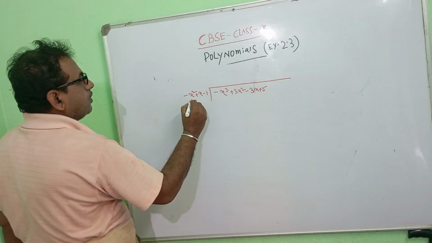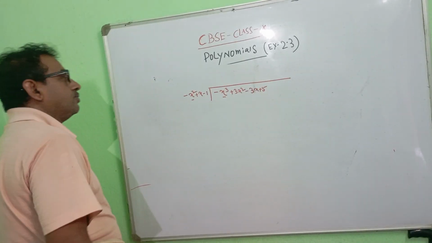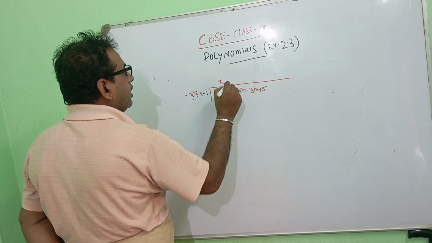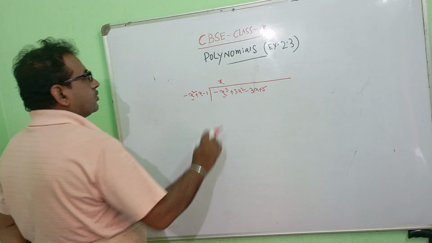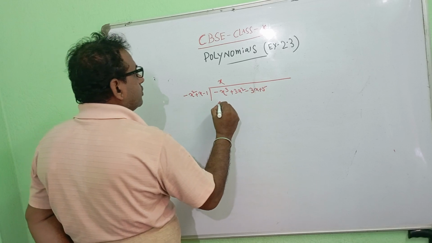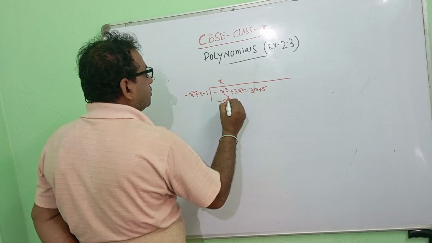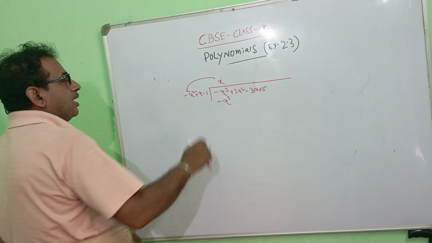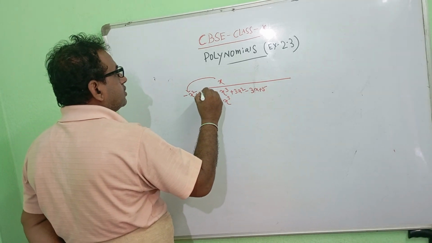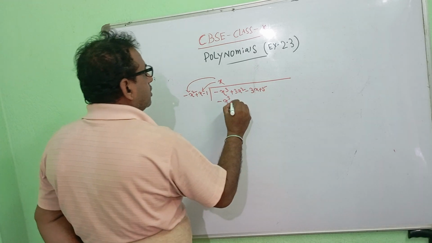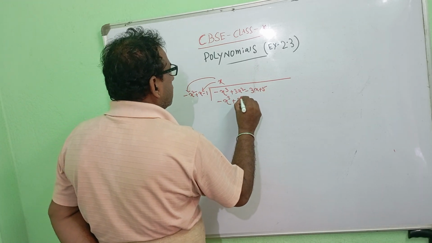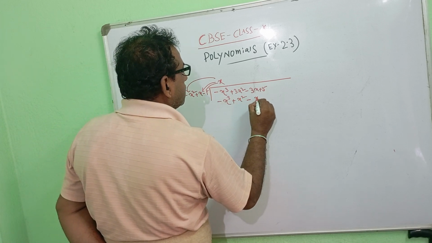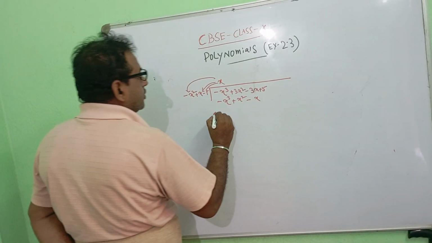Now this x square and this x cube, what will we do? Simply put the x. So it will come that minus x cube, then the rest plus x square, then minus x, then subtract.